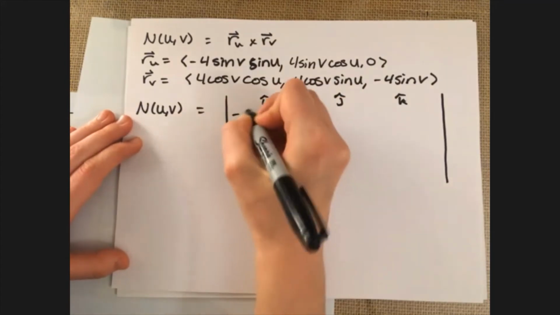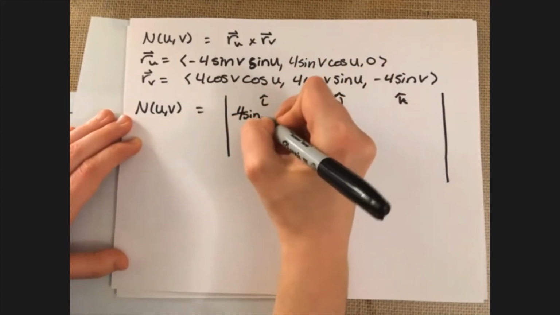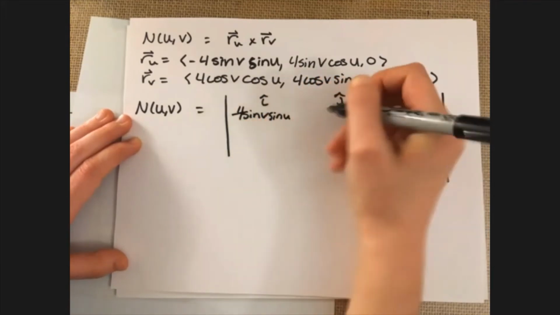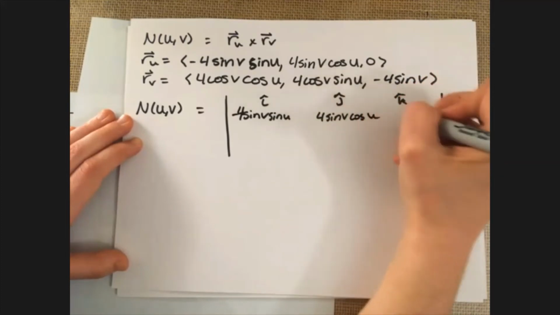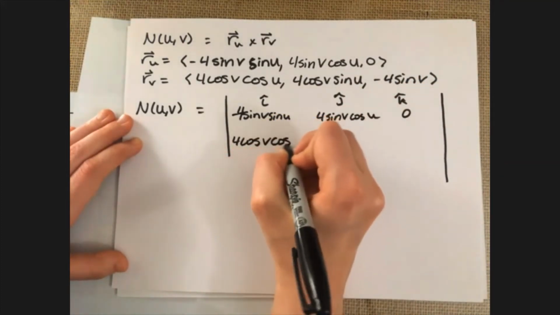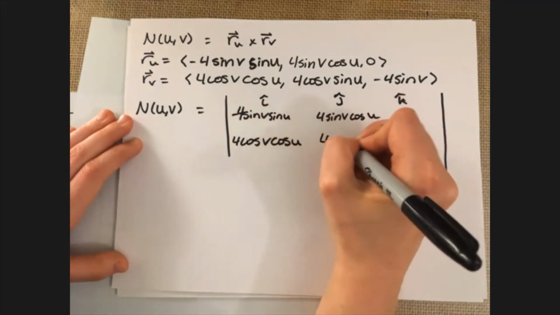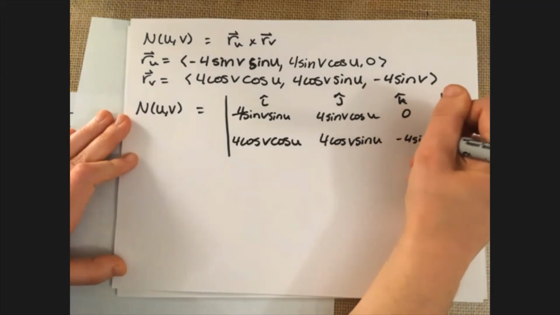So I'm going to have negative 4 sine v sine u, and then 4 sine v cosine u, and then 0. And then 4 cosine v cosine u, 4 cosine v sine u. And then negative 4 sine v.